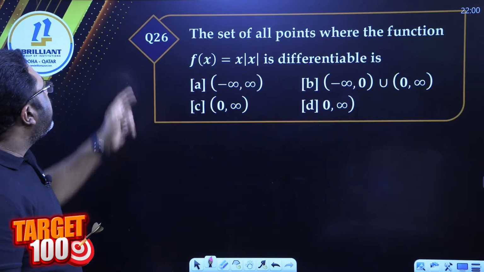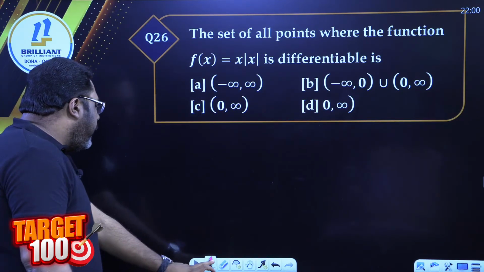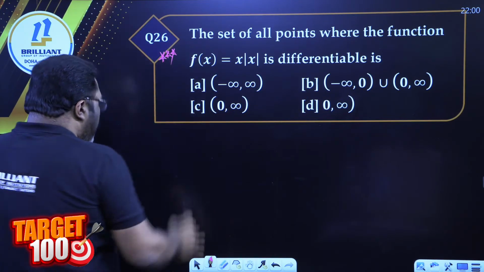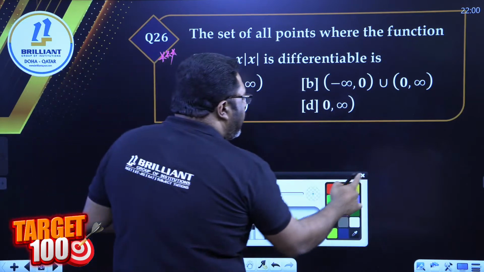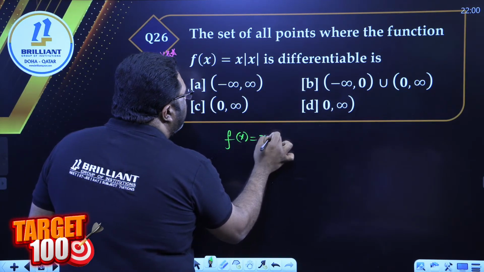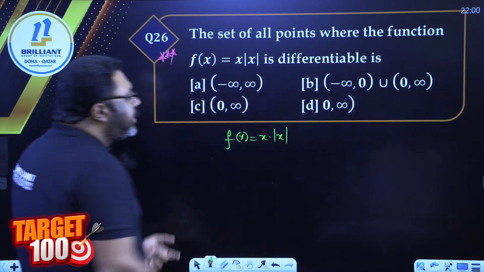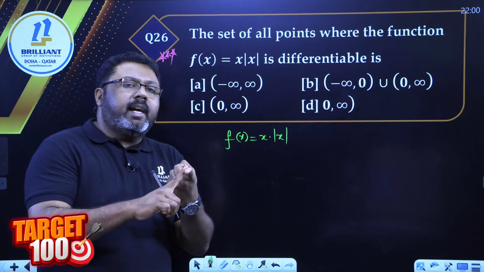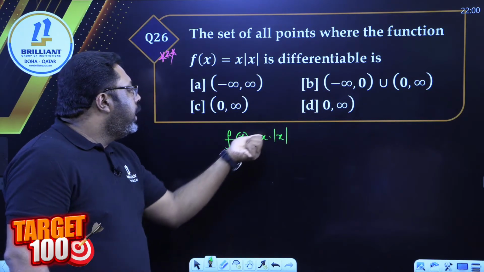Question number 26. Please, I want everybody to mark this question, very important. You are going to make a very, very silly mistake in this, because you have been taught the shortcut about continuity and differentiability of modulus functions. X is polynomial, hence continuous and differentiable.